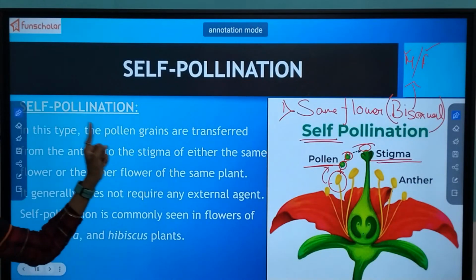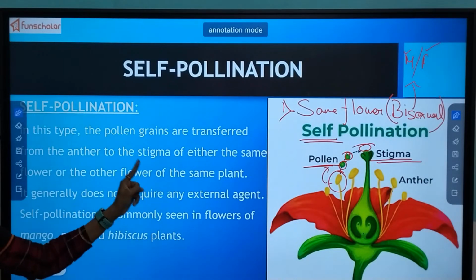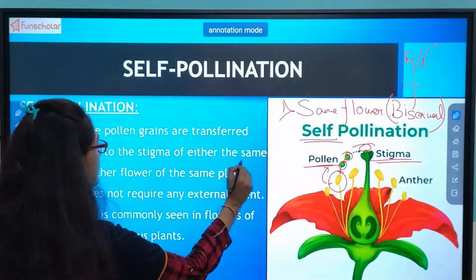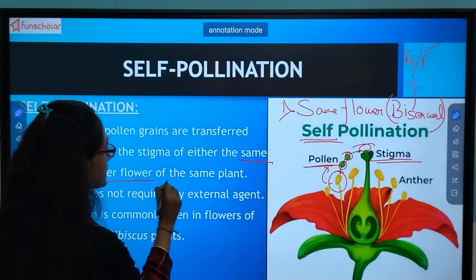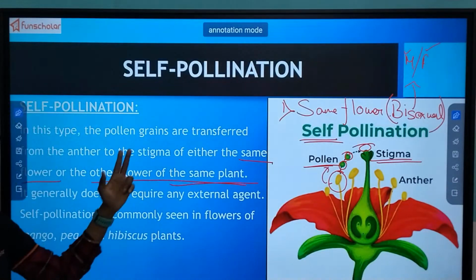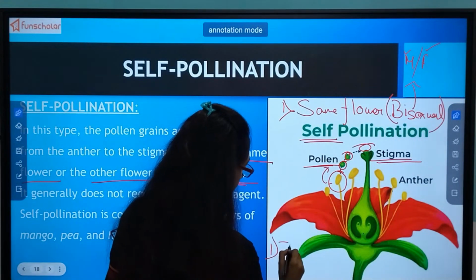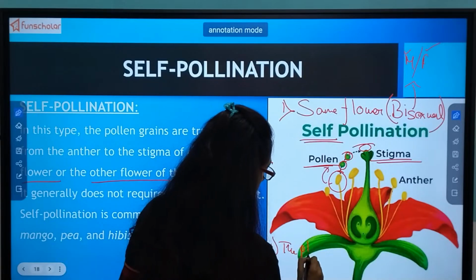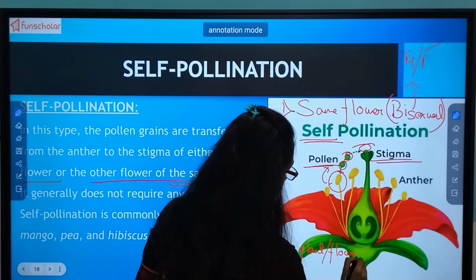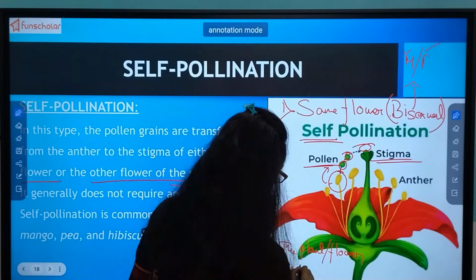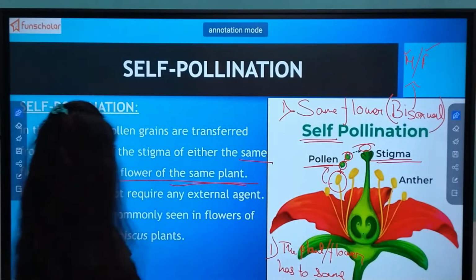In this type, the pollen grains are transferred from the anther to the stigma of either the same flower or another flower of the same plant. Okay, the plant or flower has to be the same.